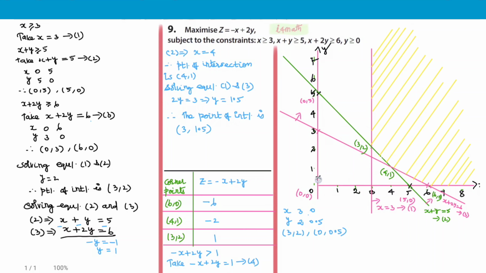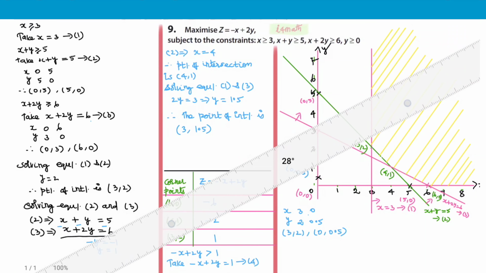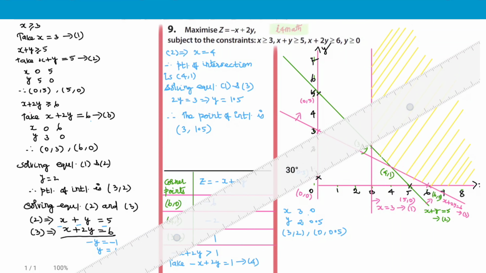This point is called (0, 0.5). And (3, 2) is marked here. Now let us draw a line. Let us draw using dotted lines so that we can easily differentiate this line.